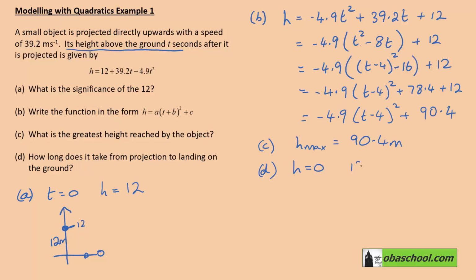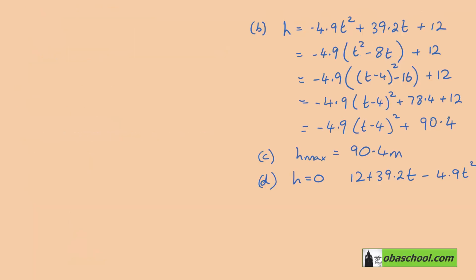So then we have 12 plus 39.2t, take away 4.9t squared, is equal to 0. So we could use the quadratic formula, or we could use the completed square form that we already have.